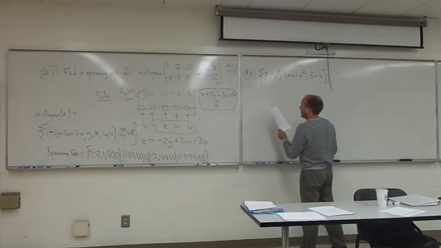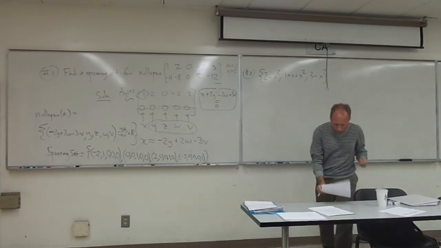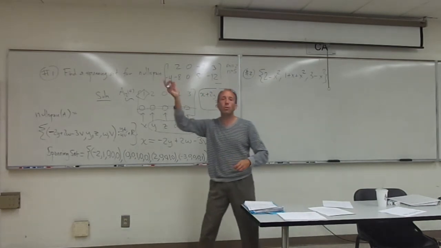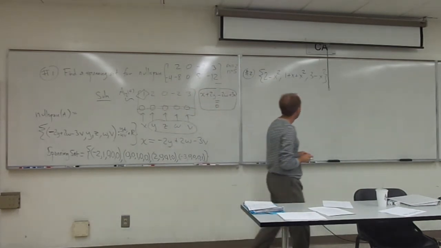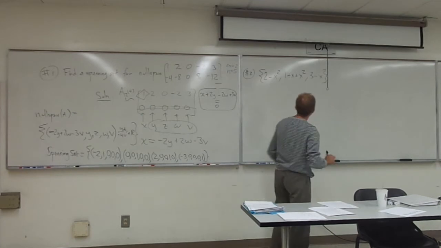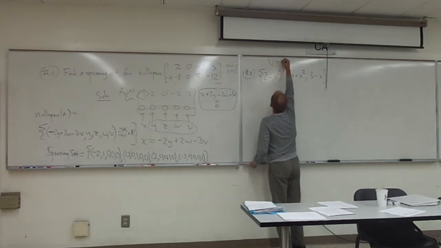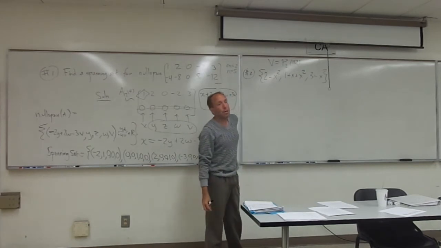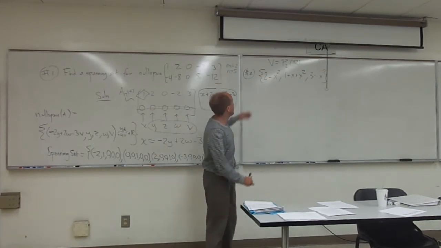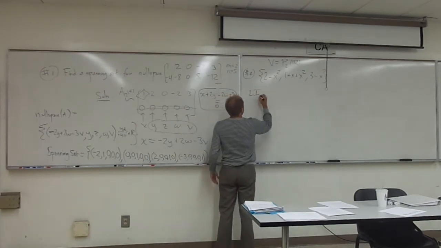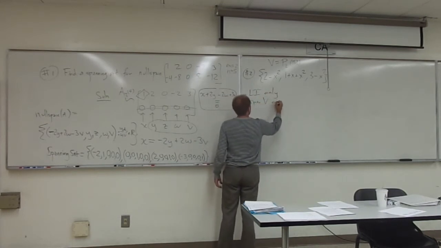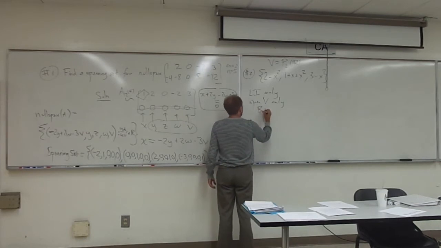I'll rephrase the question: is it linearly independent, does it span V, is it both, or is it neither? And what is V? V is P2 of R, my vector space.